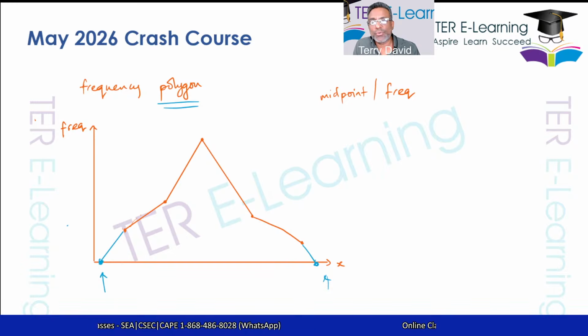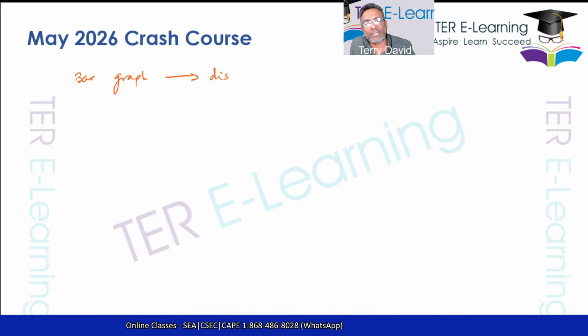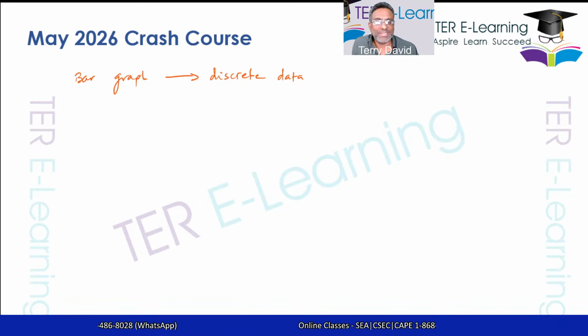We also need to know the histogram and the bar graph. Let me start with the easy one first. So, bar graphs. We use a bar graph for discrete data in statistics, right? Now, what do we mean by discrete data? In statistics, whenever we use the word discrete data, we are talking about data that can only have specific values.